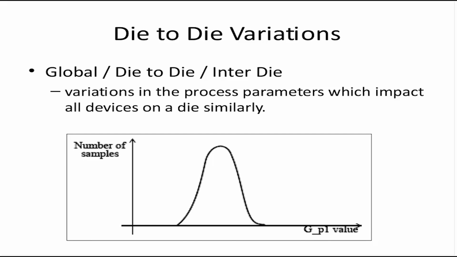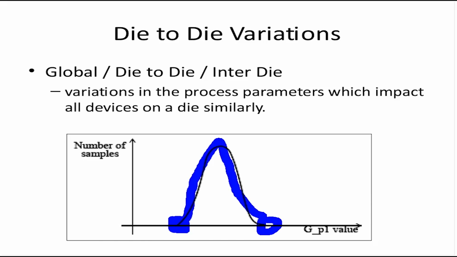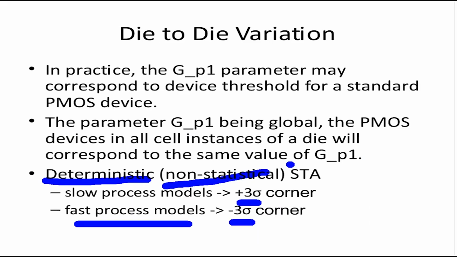At each die I took one average value of the VT of PMOS and plotted this. Again I will get this type of curve because there is a global variation. Now I choose a plus 3 sigma corner and a minus 3 sigma corner and do deterministic STA. This will ensure that all these samples are captured in my STA, right? So this is what deterministic STA does.